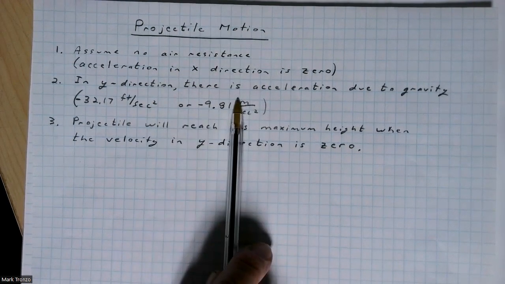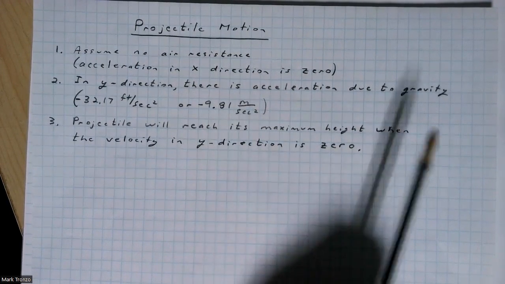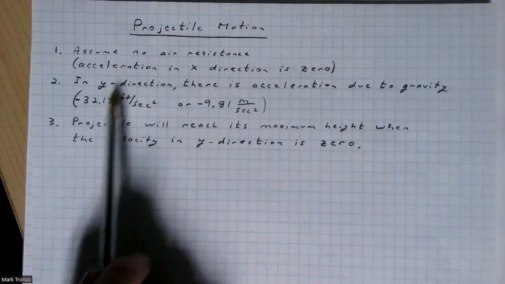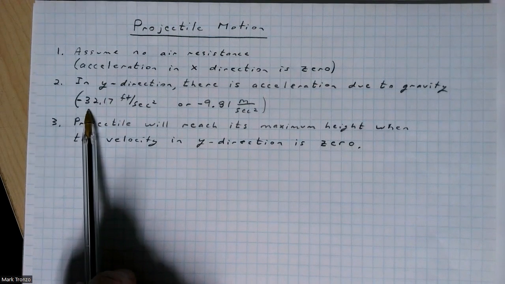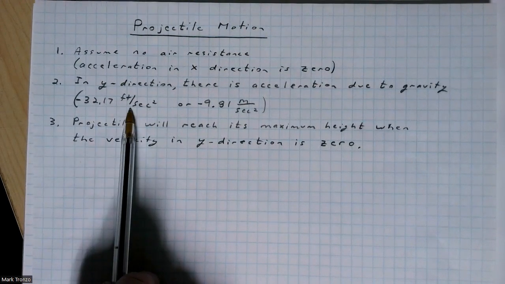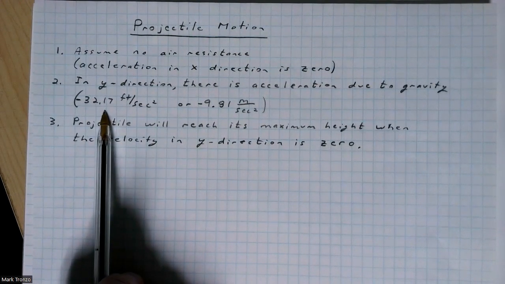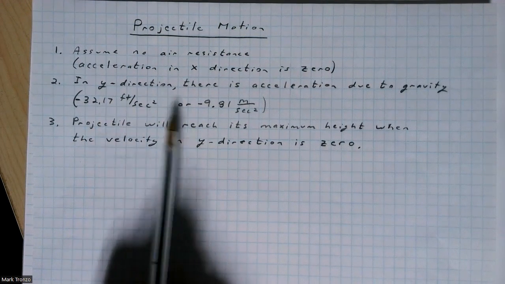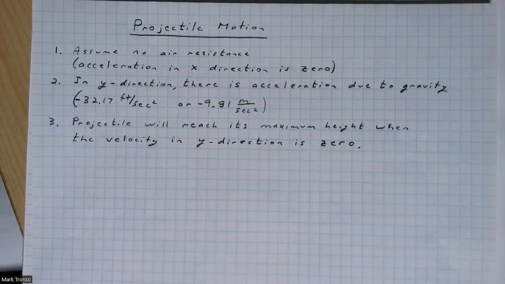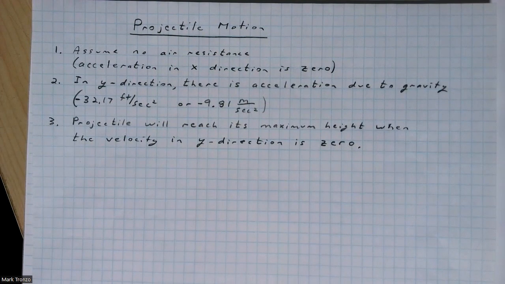In the y direction, there's acceleration due to gravity, which is going to be, if it's in English units, negative 32.17, or you can round this to 32.2, or in SI units, it would be negative 9.81 meters per second squared.